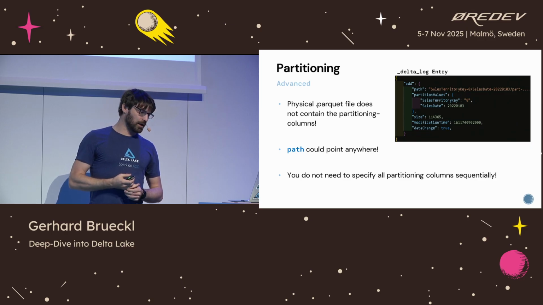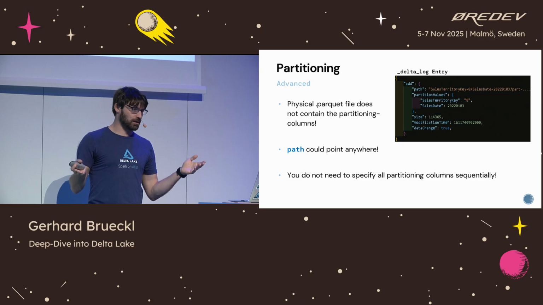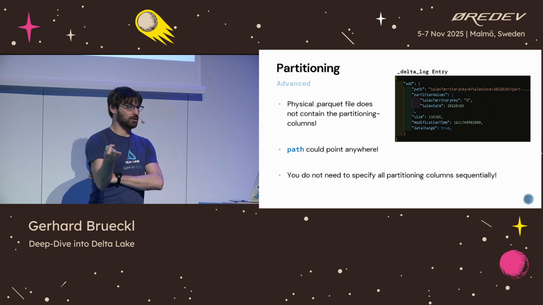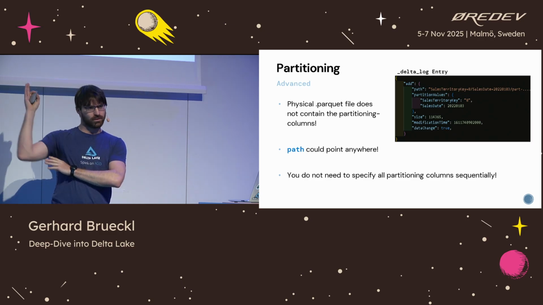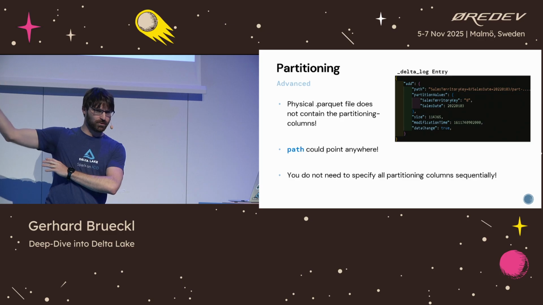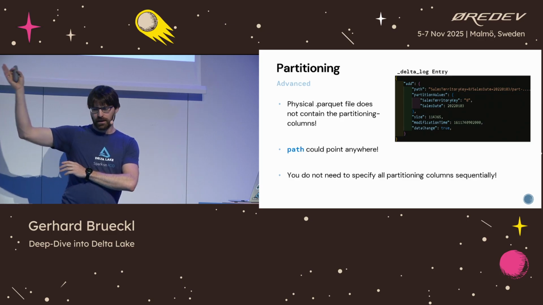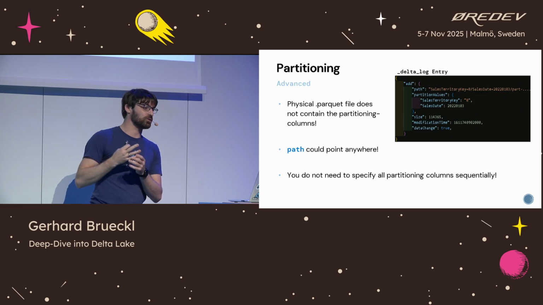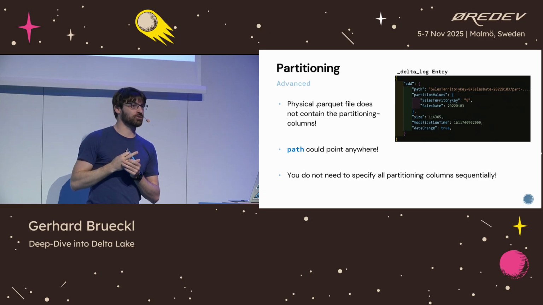What people tended to do in the past is, as Delta Lake uses Parquet as a data storage, you could technically also just read the Parquet files. As you've seen, you might end up with old, outdated data or duplicate data. Another thing that you need to be aware of is that these Parquet files do not contain the partition values.